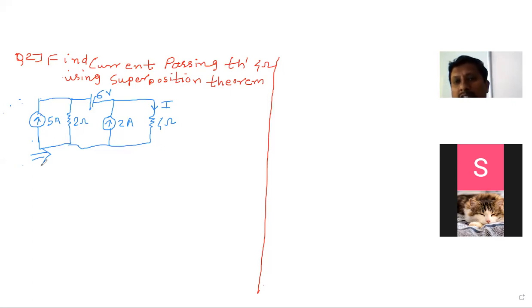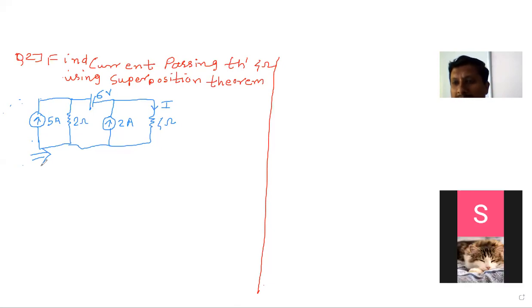In the superposition theorem, first we observe the type of circuit, whether it is type 1 or type 2. It is type 1 because all sources are independent sources only. There is no dependent source. Second, minimum 2 independent sources should be present, which you have to check. Here 3 are there.